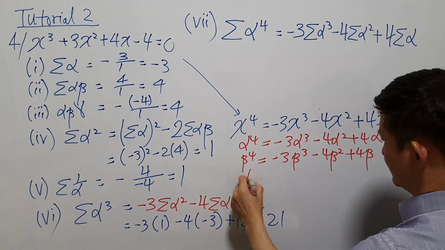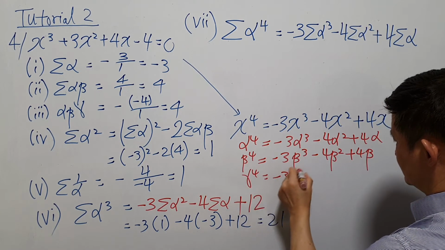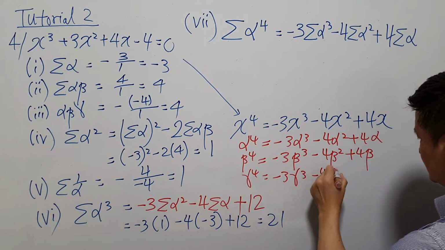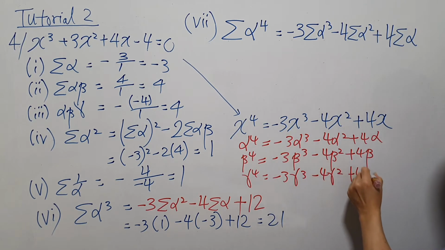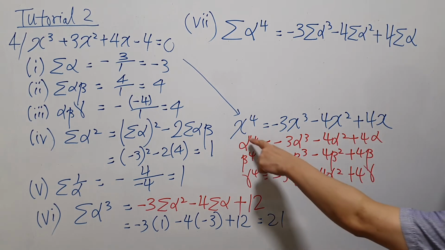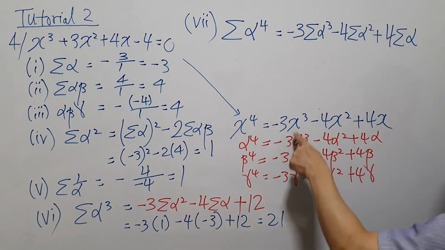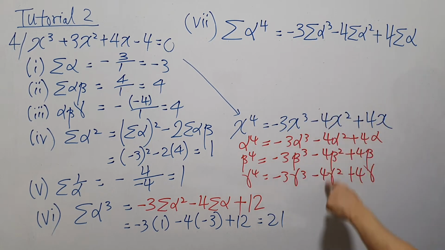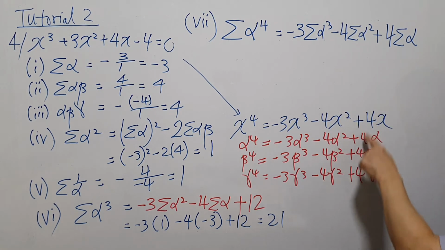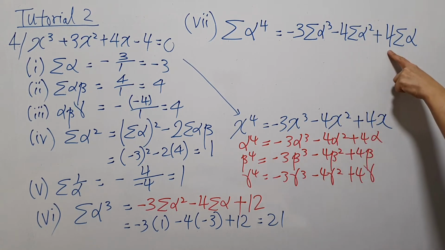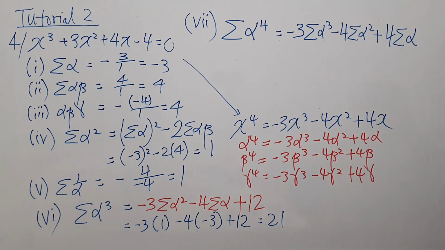And then gamma. And then similarly, you add them up vertically. You add up these 3 terms, you get this. These 3 terms, you get this. These 3 terms, you get this. And this one, be very careful, it's not 12, it's 4. Okay?